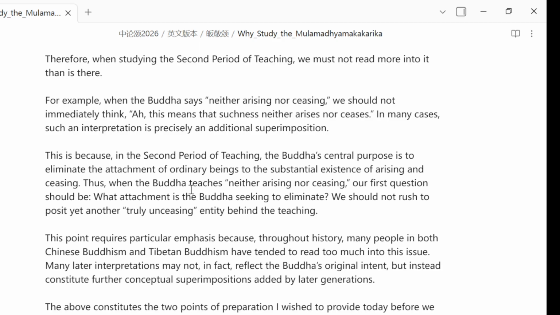Thus, when the Buddha teaches neither arising nor ceasing, our first question should be, what attachment is the Buddha seeking to eliminate? We should not rush to posit yet another truly unceasing entity behind the teaching.